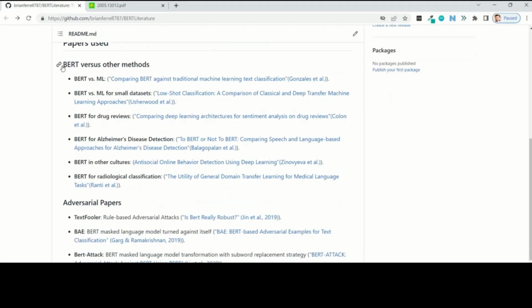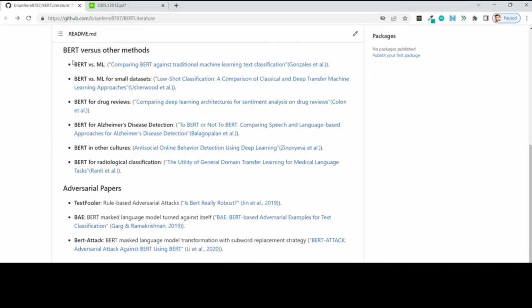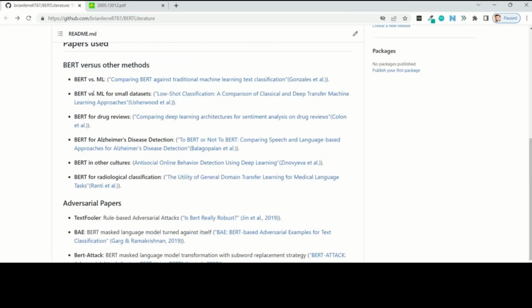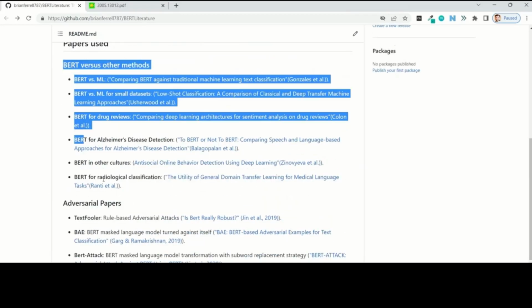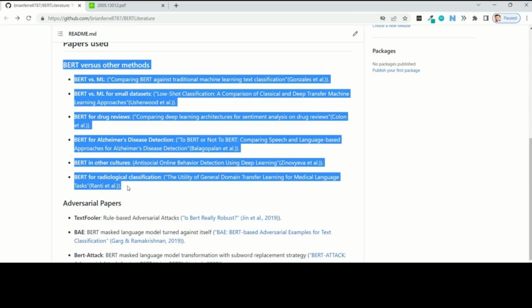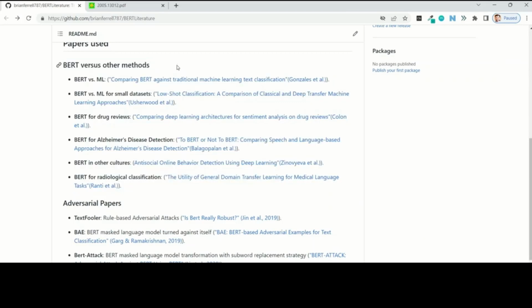It's really good practice to do a meta analysis on a topic, right? I'm only looking at a handful of papers, especially when I'm comparing against other methods. In reality, you want to at least find a paper that reviews hundreds of papers where you're comparing BERT to other methods, right? I only have 6 papers here.